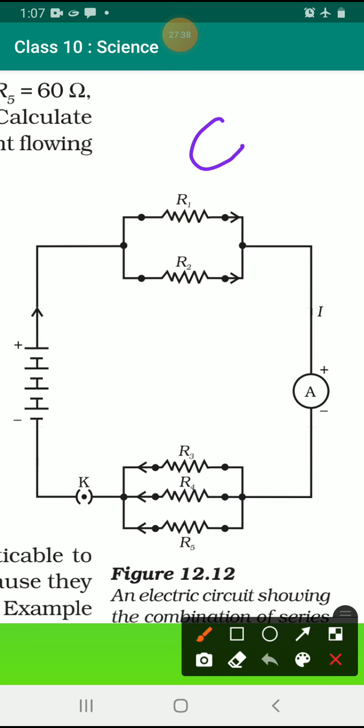Suppose this answer is C, reduced to one resistor, and this is reduced to one resistor, answer P. Okay, so now the total resistance, how are we going to find it?